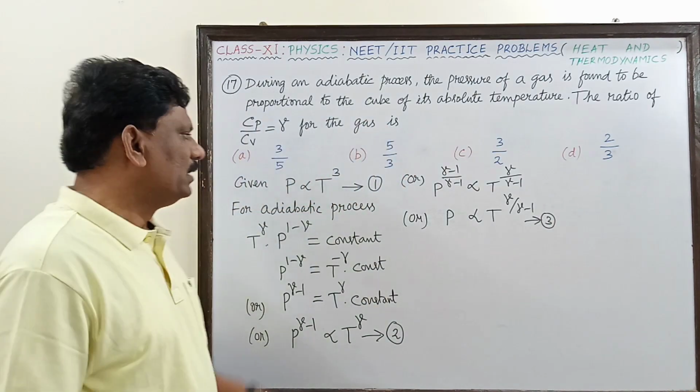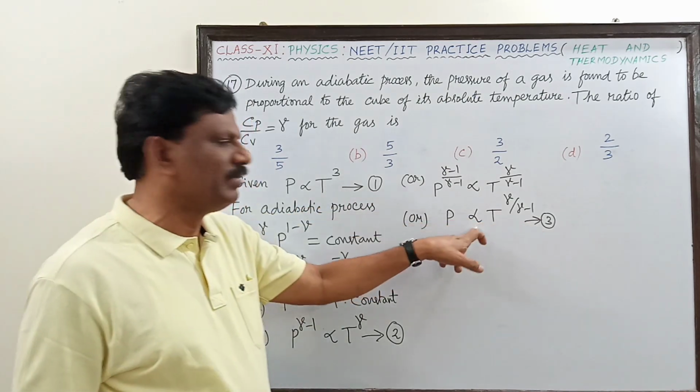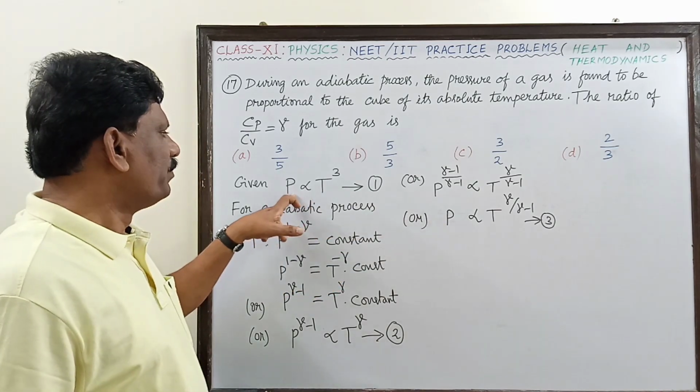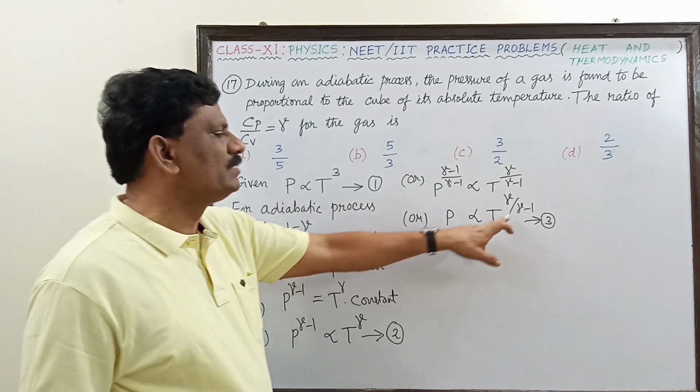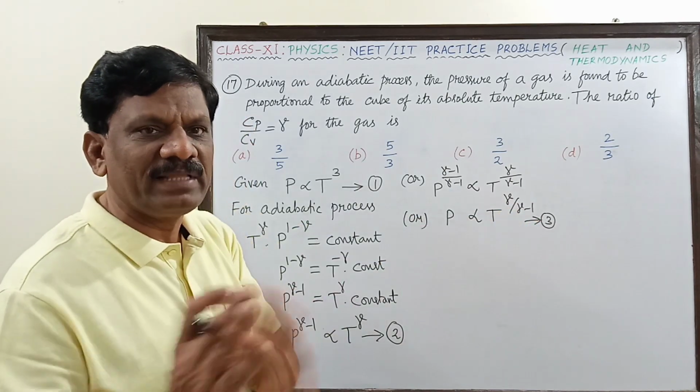Now look at expression number 1 and expression number 3. The left hand side is the same pressure. So P is proportional to T cube and P is proportional to T power gamma divided by gamma minus 1. I am going to equate the right hand sides.